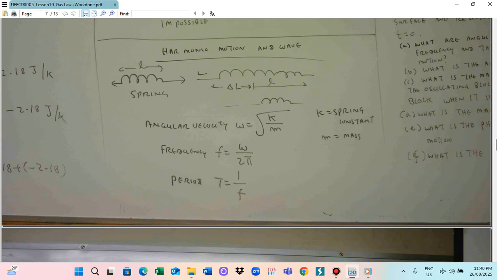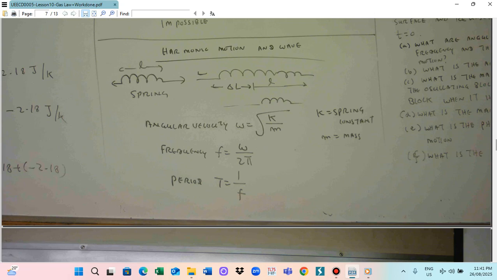We pull the spring, so the spring will elongate, so the length changes by delta L from the initial length. When you release the force, the spring contracts, and the motion expands and contracts like this. This motion is the harmonic motion.